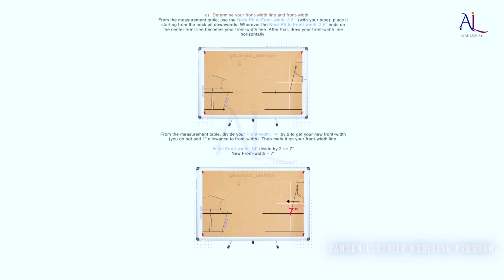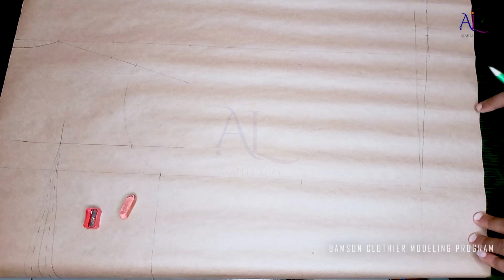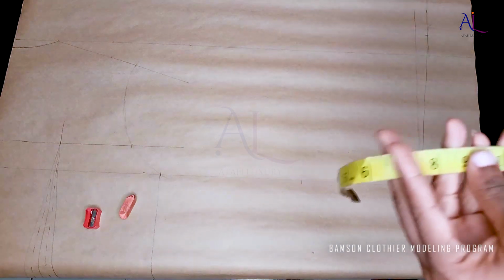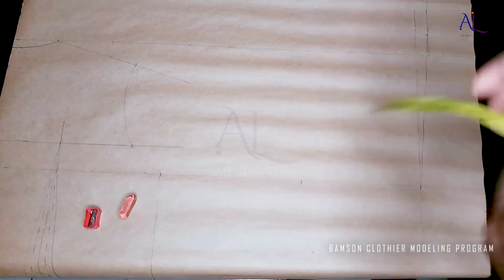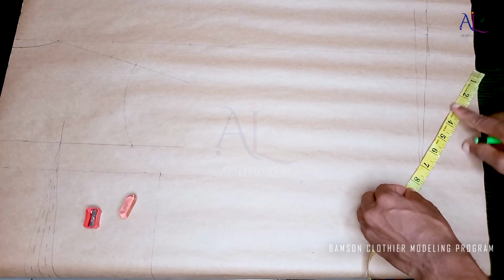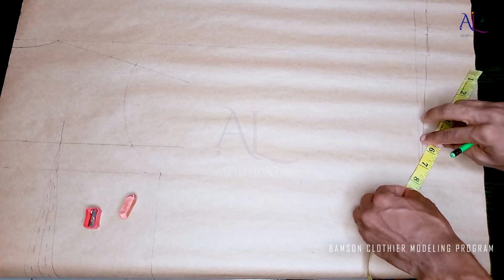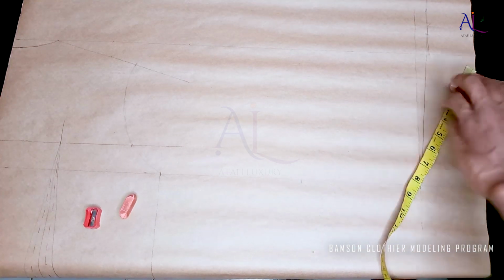All right, the next thing to do is to get our neck round, so that we can get our front width. For the neck round, we need the 8, which is the neck to bust point measurement. On the table you're going to see 8, so we'll mark it.